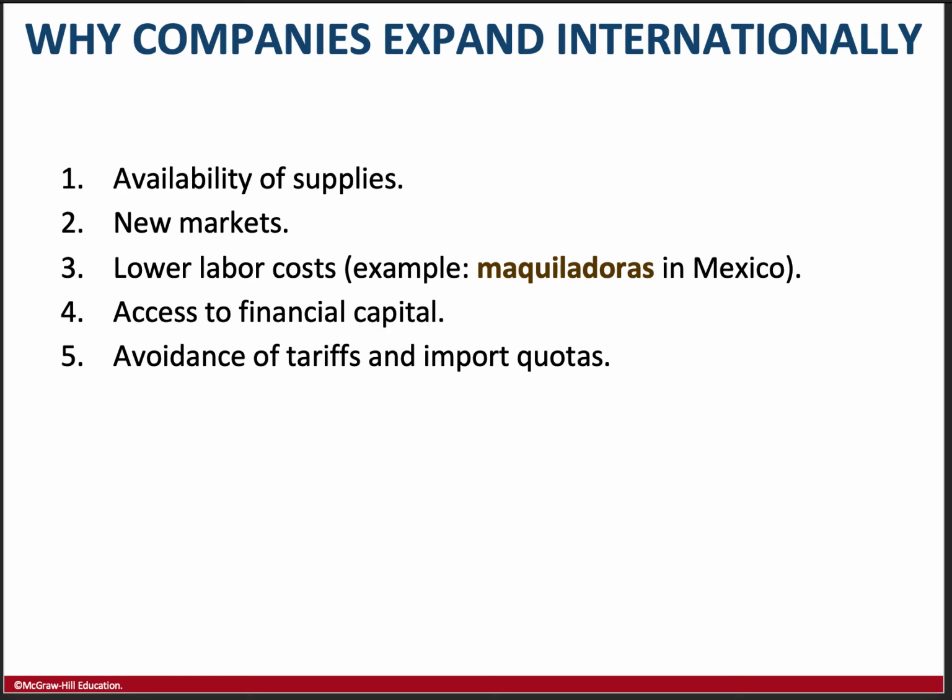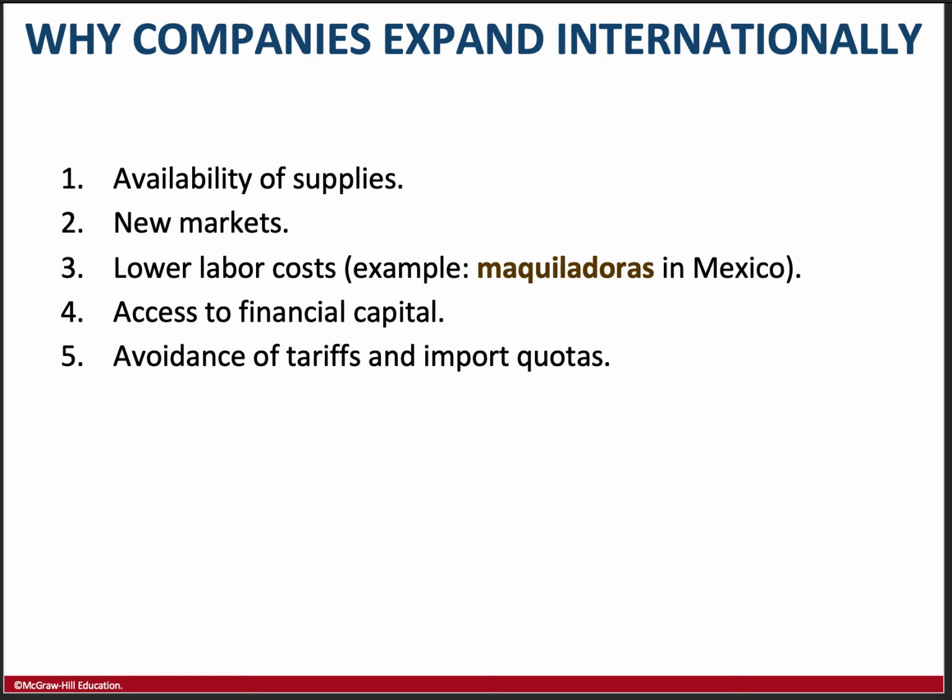So, why do companies expand internationally? We already talked about lower labor cost, right? You can get labor for less than minimum wage here in most instances.